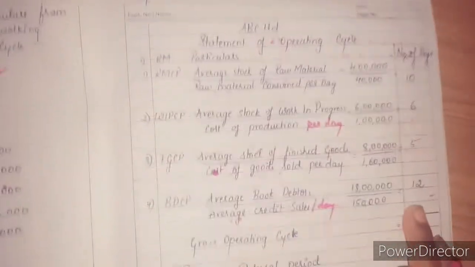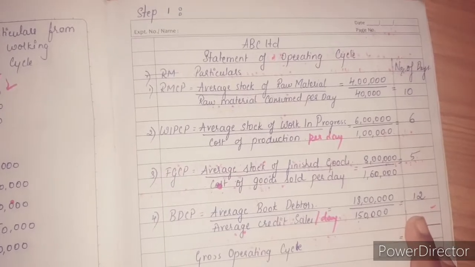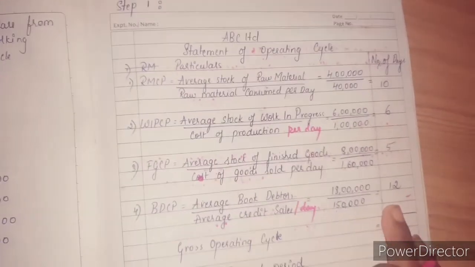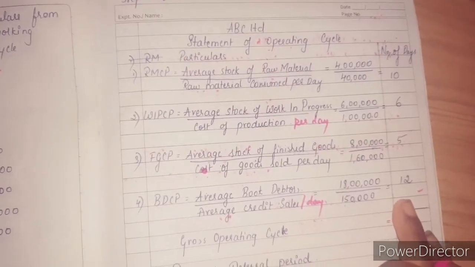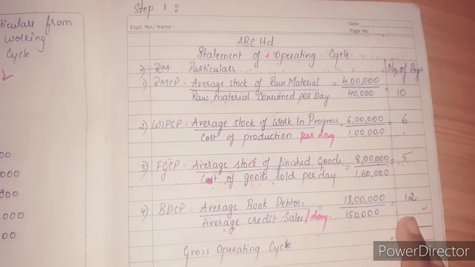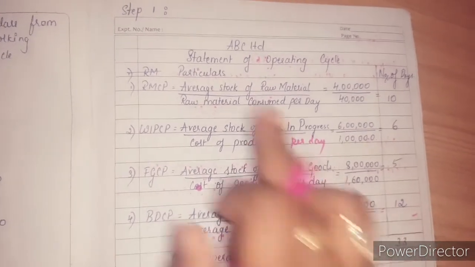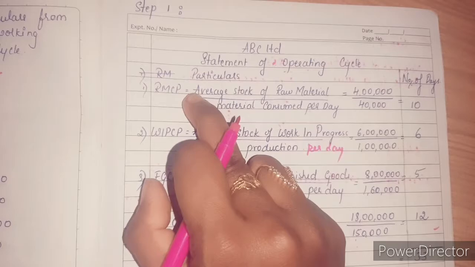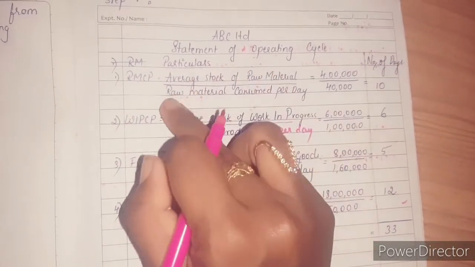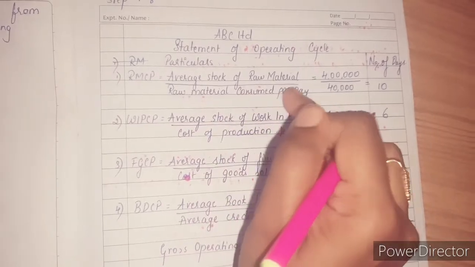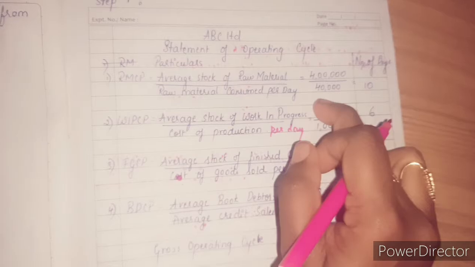So we know how to solve operating cycle. We have to find raw material conversion period, work in progress conversion period, finished goods conversion period, debtors conversion period, so that we will get gross operating cycle. To find raw material conversion period, we know average stock of raw material divided by raw material consumed per day, that is 4 lakh divided by 40,000.